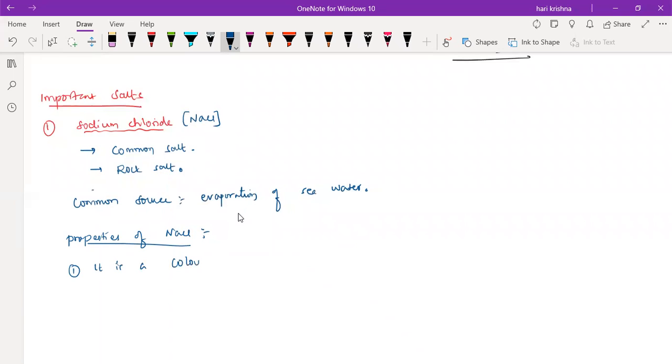You know the unsaturated solution, saturated solution, supersaturated solution, right? So what is the saturation point for common salt? 36 grams in 100 ml of water.